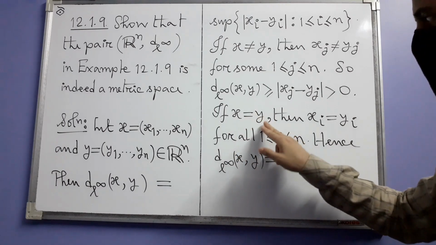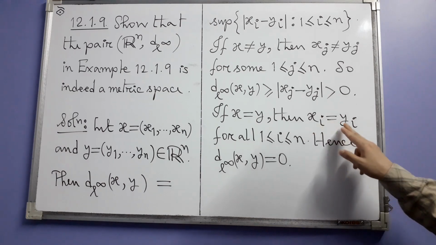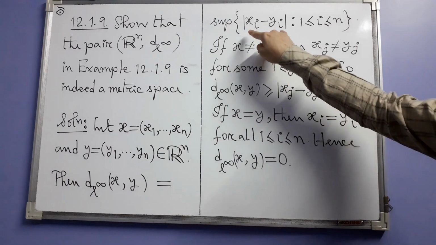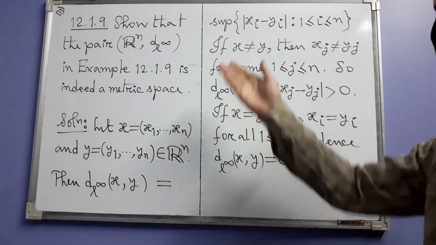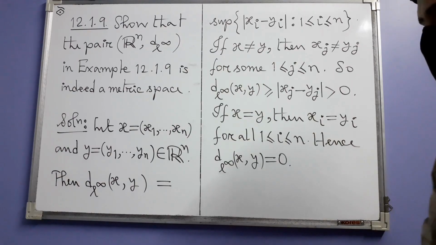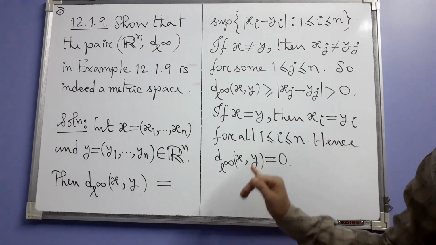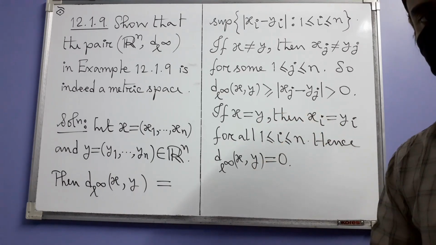Next, we consider x and y to be the same. Then each xi would be equal to the corresponding yi, and so all the elements of this set are going to be equal to 0. So their supremum obviously is also 0. So in this case, the dl infinity value of x comma y is equal to 0. So another axiom has also been verified.